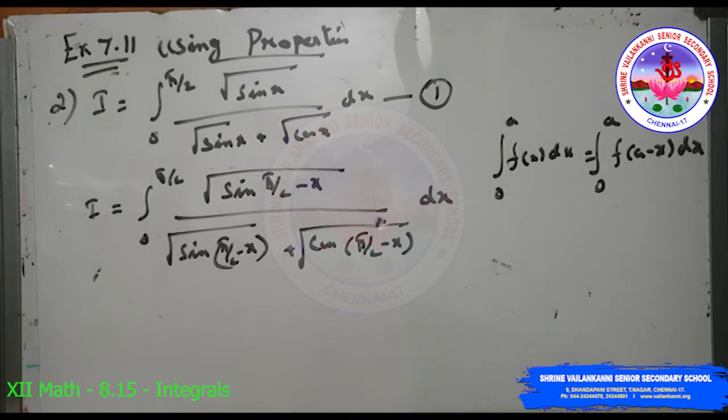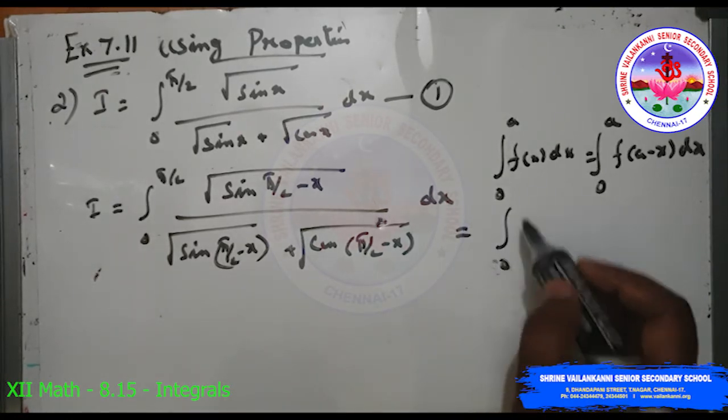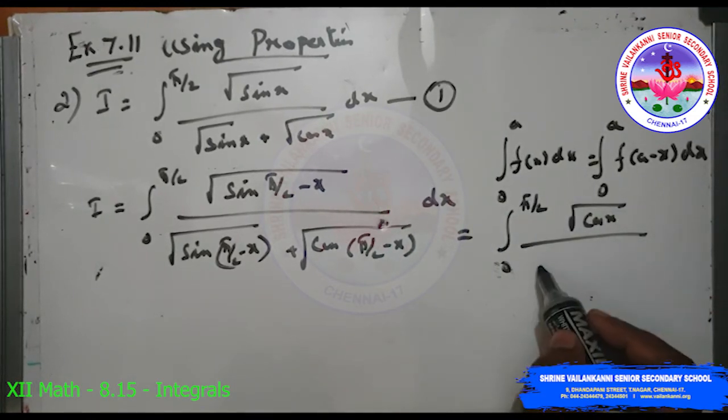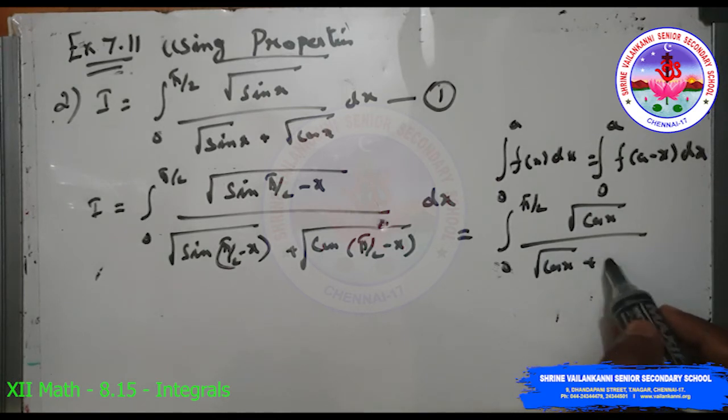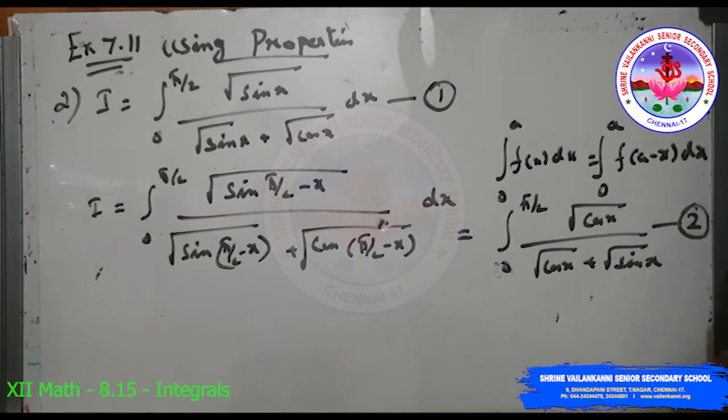So sin of 90 minus theta is cos theta. So it will become integral 0 to pi by 2 root cos x by root cos x plus root sin x. I am taking this as equation 2.